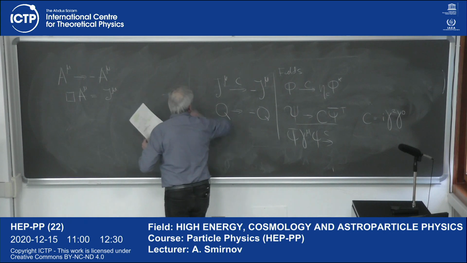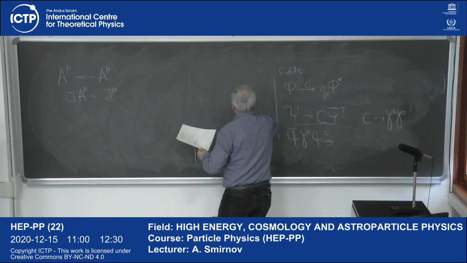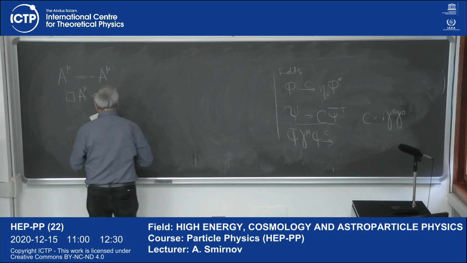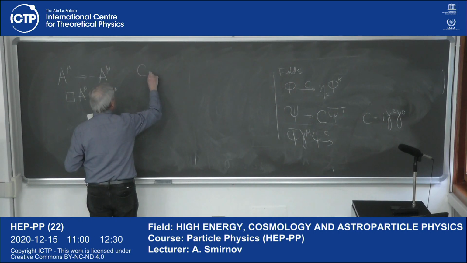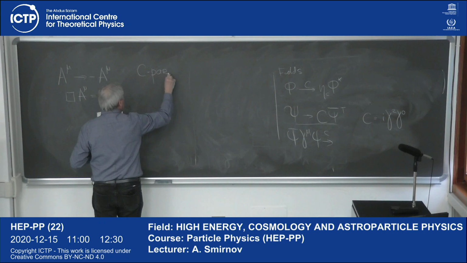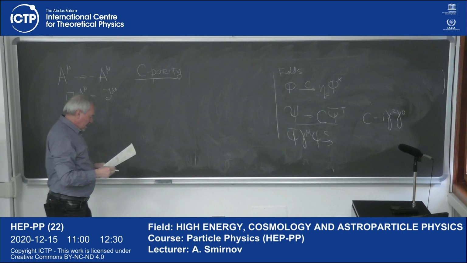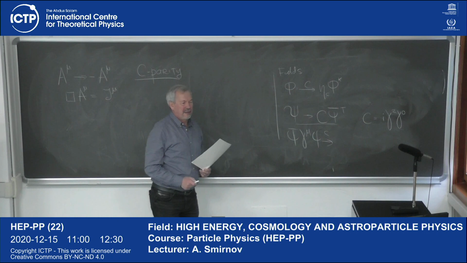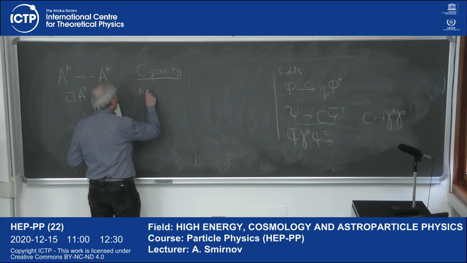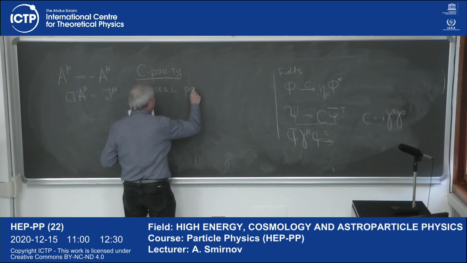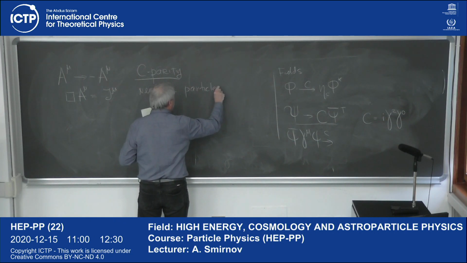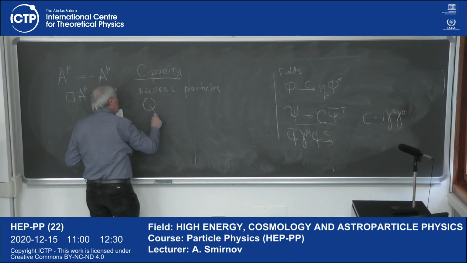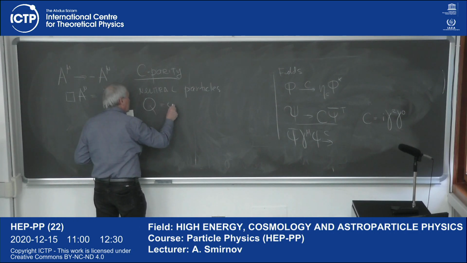Now let me introduce C parity. So these are C transformations, and now let me tell you about C parity. C parity is introduced for truly neutral particles. These are particles for which all the charges are zero.